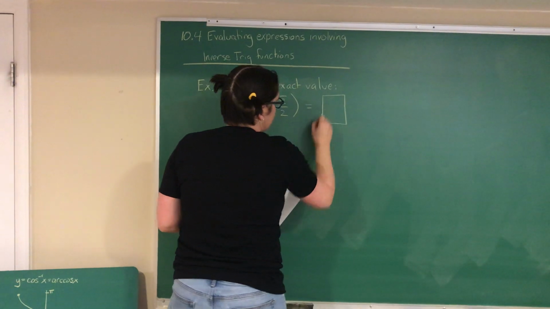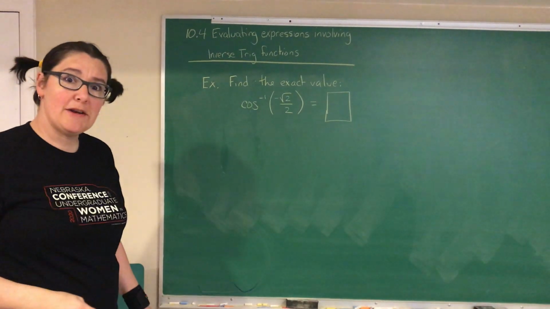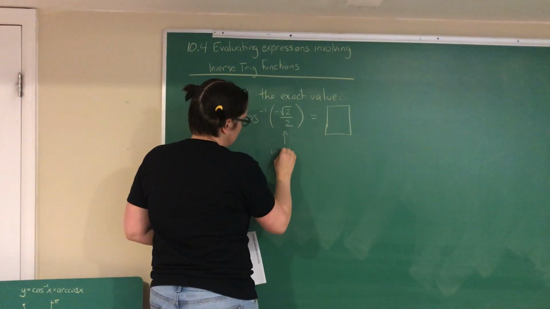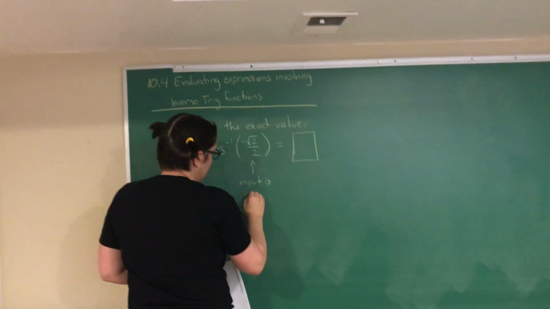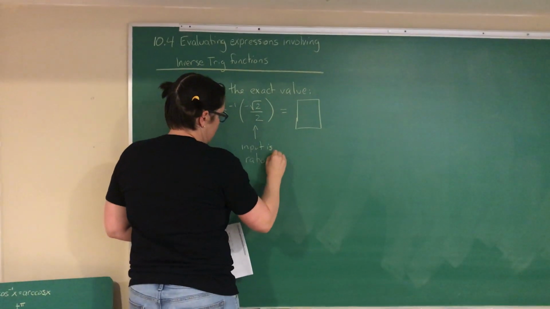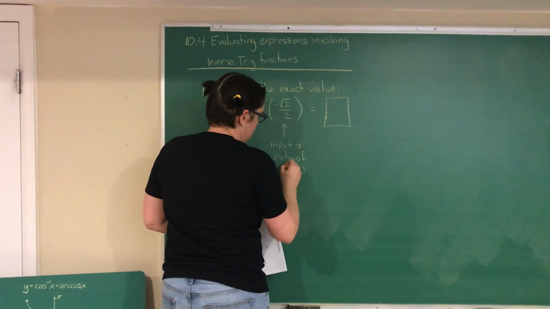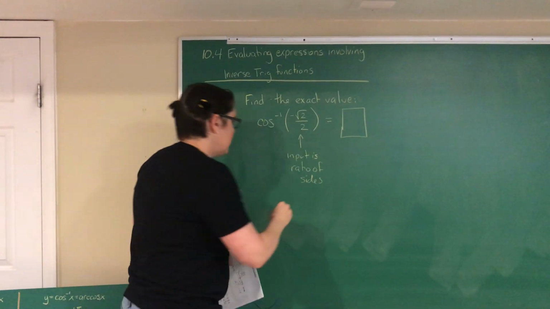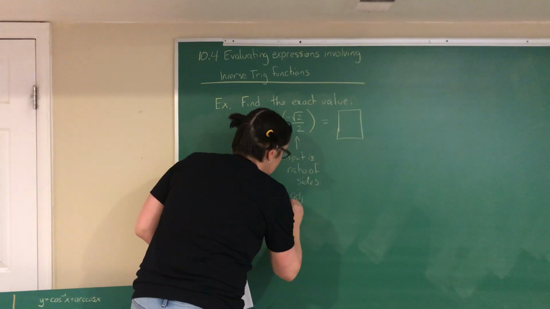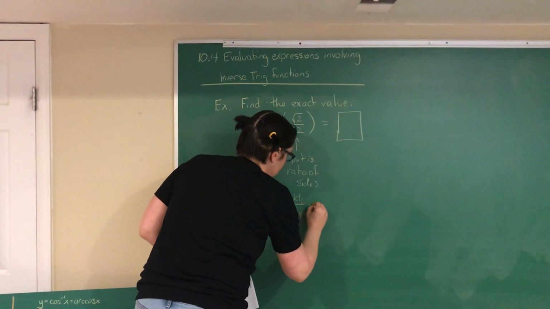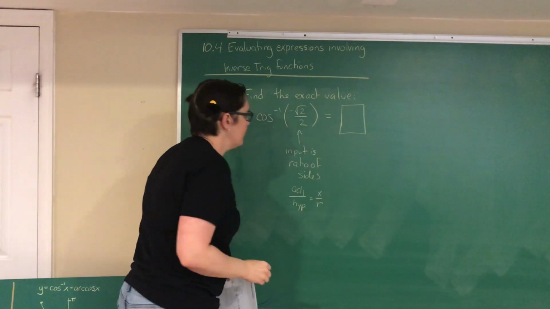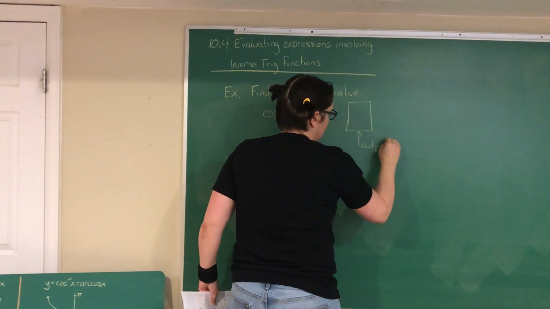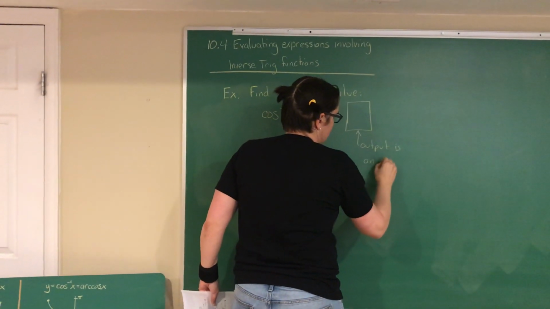So we want to fill in this box over here on the right side. When I'm talking about an inverse trig function, the input is a ratio of sides, which in this case, because this is inverse cosine, the ratio of sides will be adjacent over hypotenuse, or x over r. And the output that we want is going to be an angle.